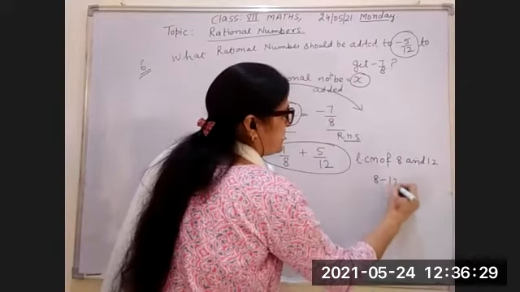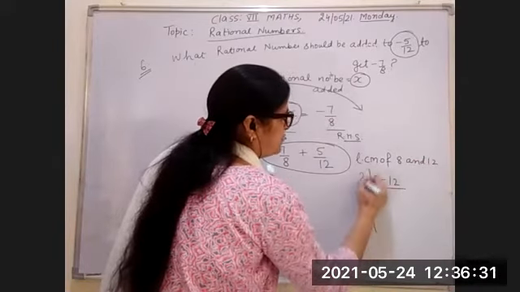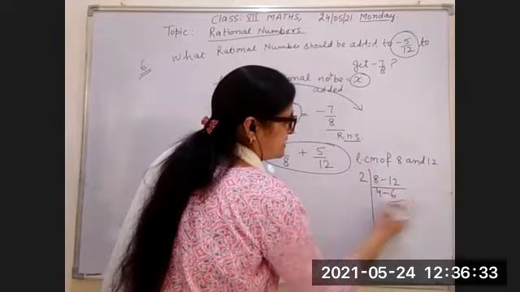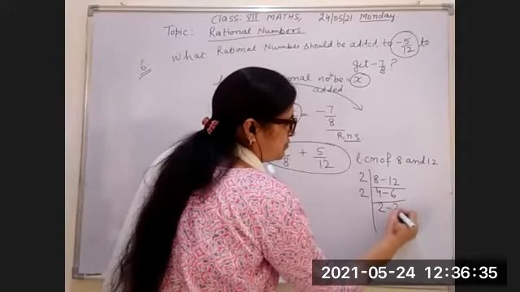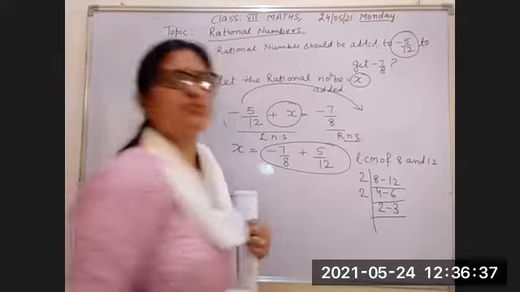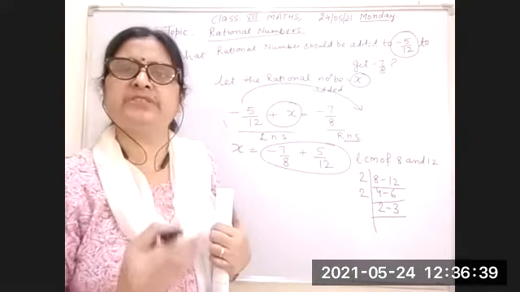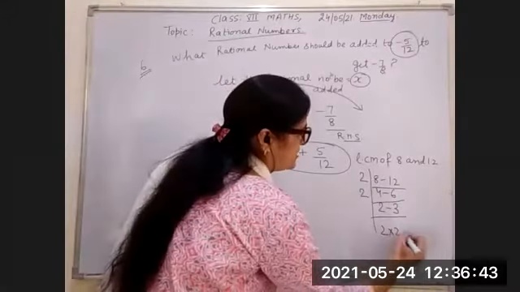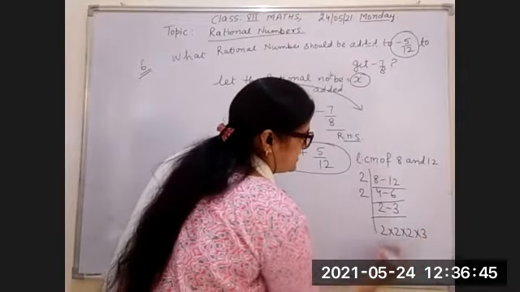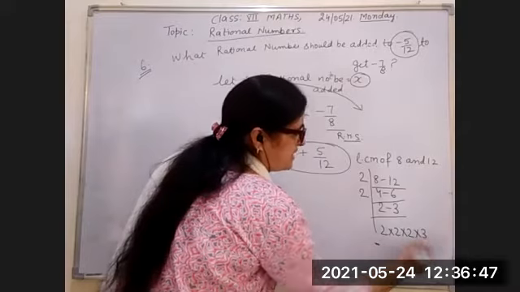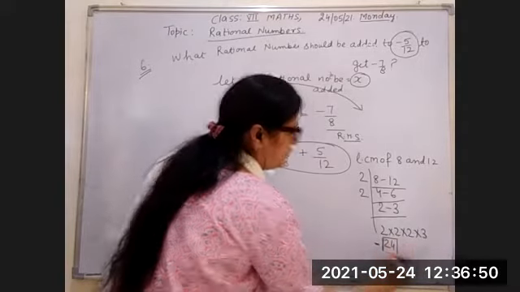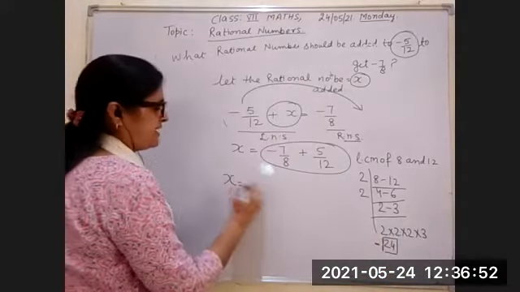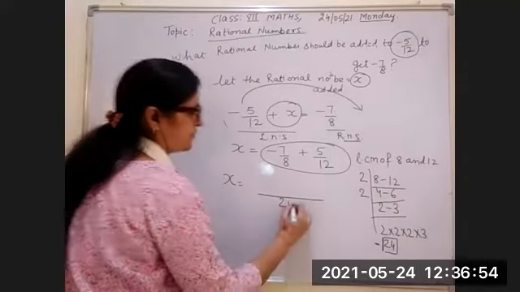Dividing by 2: 2 into 8 is 4, 2 into 12 is 6; 2 into 4 is 2, 2 into 6 is 3. Now 2 and 3 are not divisible by the same number, so we multiply all these numbers: 2 times 2 is 4, times 2 is 8, times 3 is 24. Now your LCM is 24.